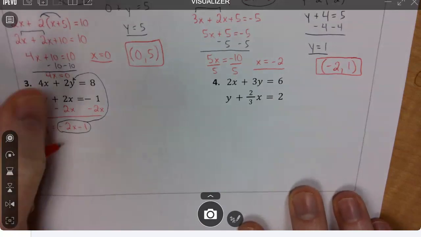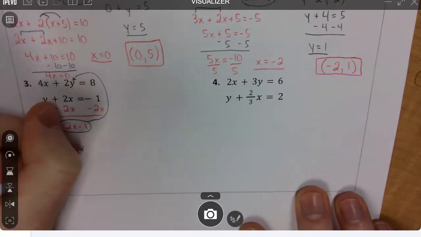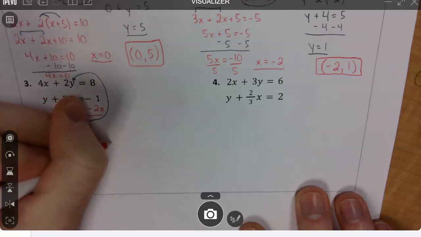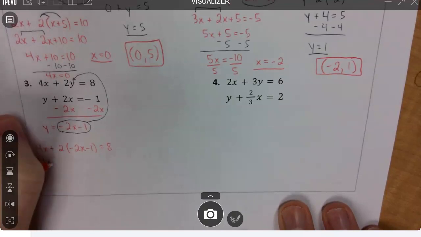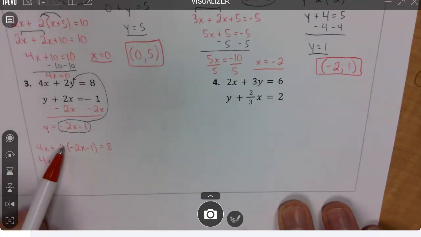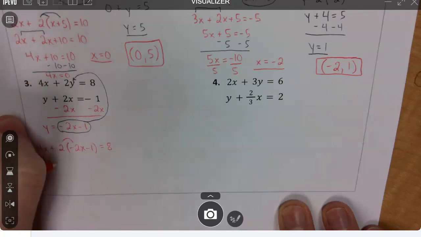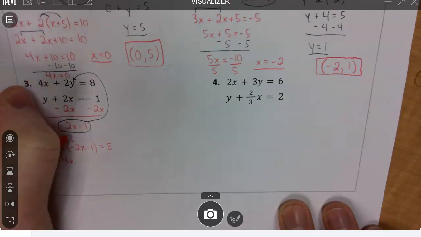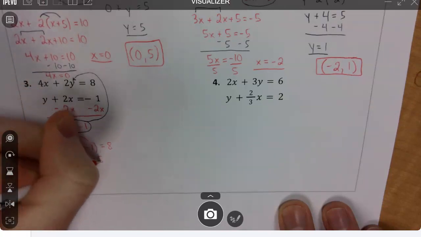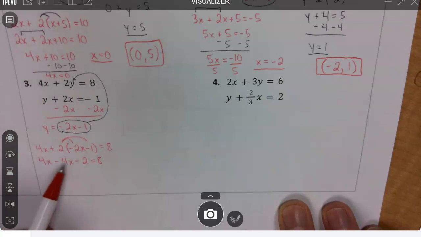So 4x plus 2 times negative 2x minus 1 is equal to 8. And I'm going to work my way through this. So 4x, and then notice that 2 times negative 2x gives you negative 4x, and 2 times negative 1 gives you negative 2, equals 8. And now I want to combine like terms.